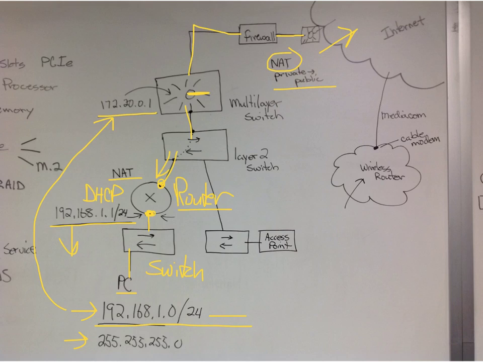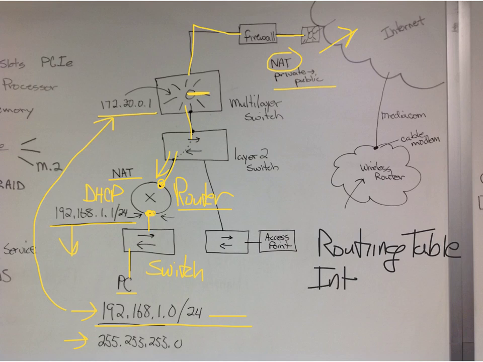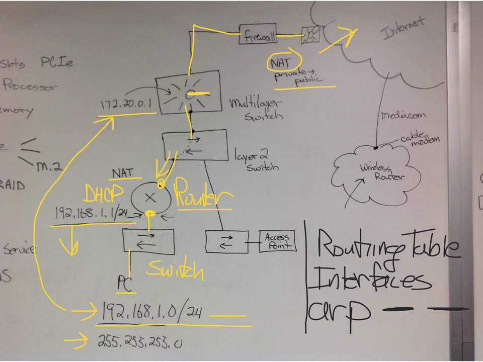And then we looked inside the router. We looked at the routing table. We looked at the interfaces. And we looked at ARP. So we could see how the IP from the workstation was matched up with the MAC address from the workstation.